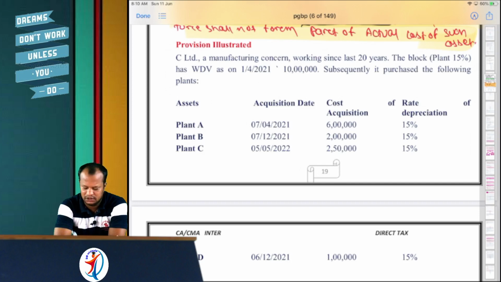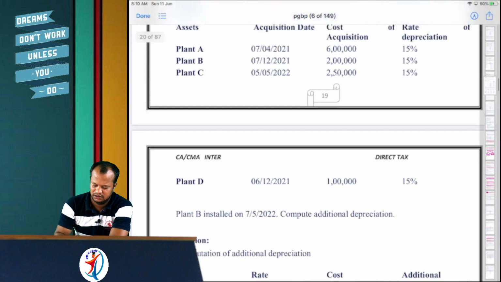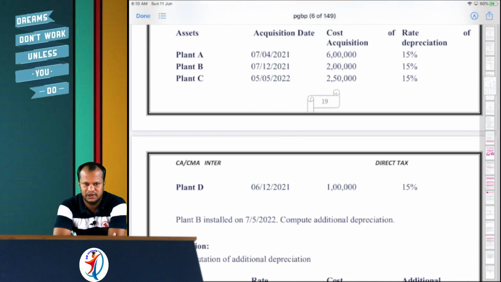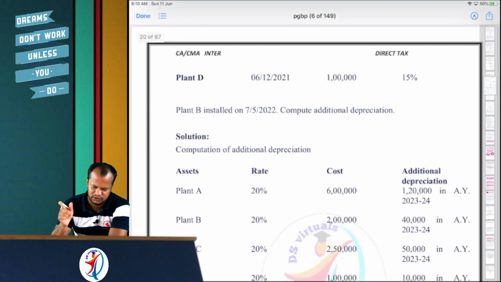Because the depreciation of the existing block is 15% and the depreciation of the acquired assets is the same, same class of asset in respect of which same depreciation is charged, that is 15%. So plants A, B, C and D belong to the existing block.